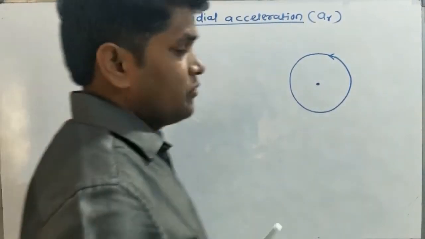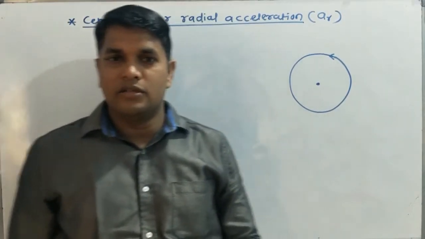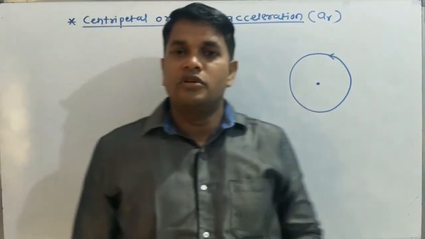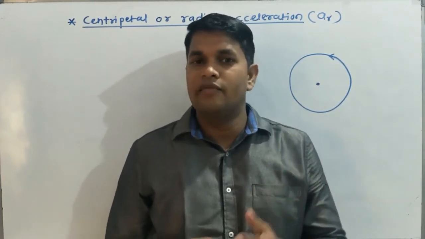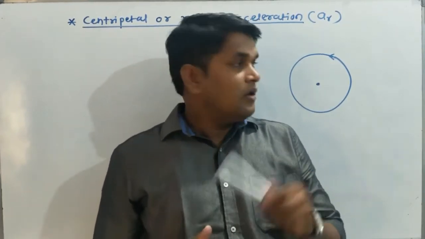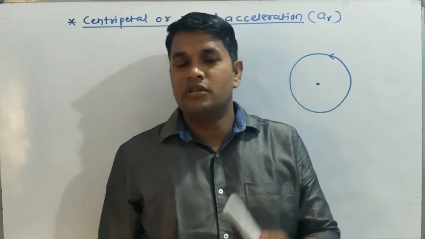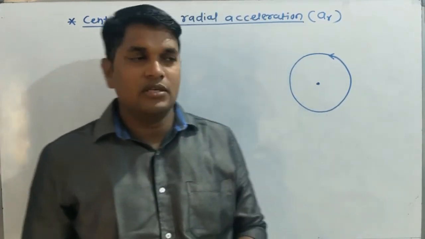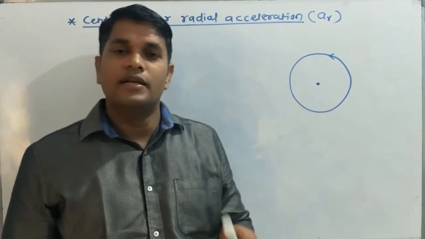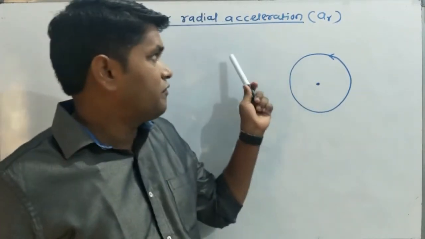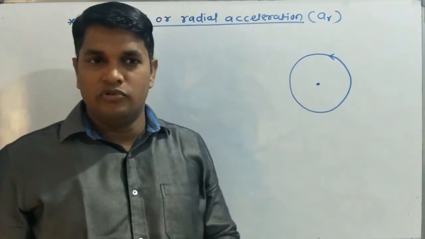The next concept is centripetal or radial acceleration. In uniform circular motion, the direction of linear velocity is different at different points. This means uniform circular motion is accelerated motion. If the direction of linear velocity is different, it has acceleration, and therefore uniform circular motion is accelerated motion.